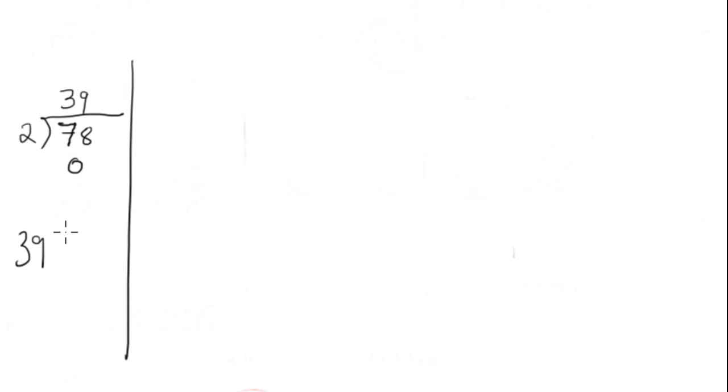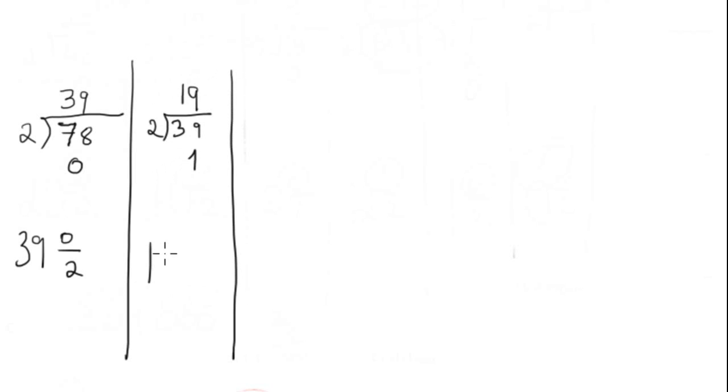Okay, now 78. Conversion to binary: 78 divided by 2 is 39, remainder 0. Now 39 divided by 2 is 19, and in this case the remainder is 1.